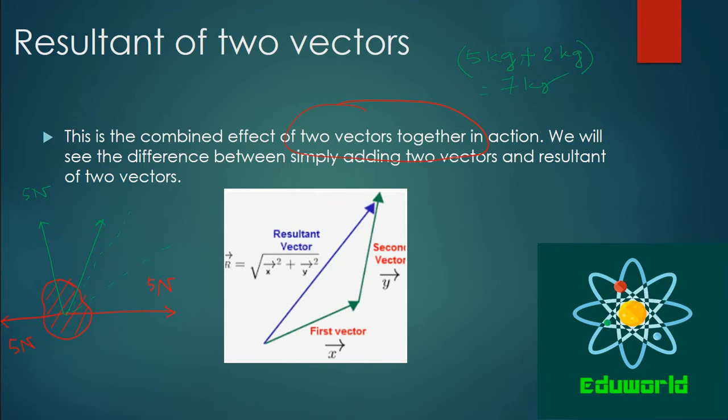But in case of vectors, to get the combined effect of two vectors, we will have to think about what will be the resultant of two vectors. To get the resultant of two vectors, we use two theories. Number one is triangular theory, and number two is parallelogram theory.